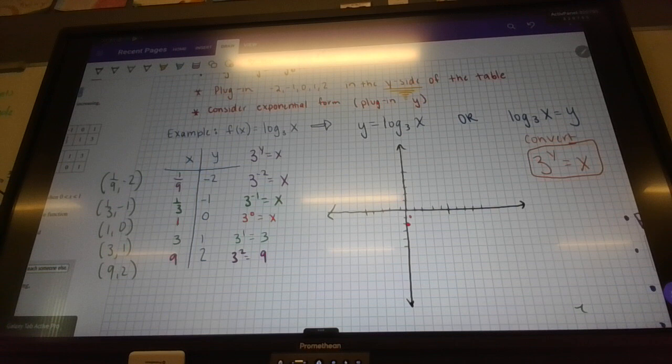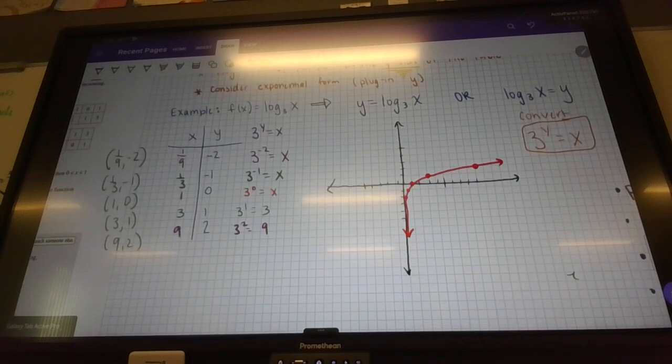And then 1/3, negative 1; 1, 0; 3, 1; 9, 2. You start with your pencil very close to the y-axis and then move up and over.